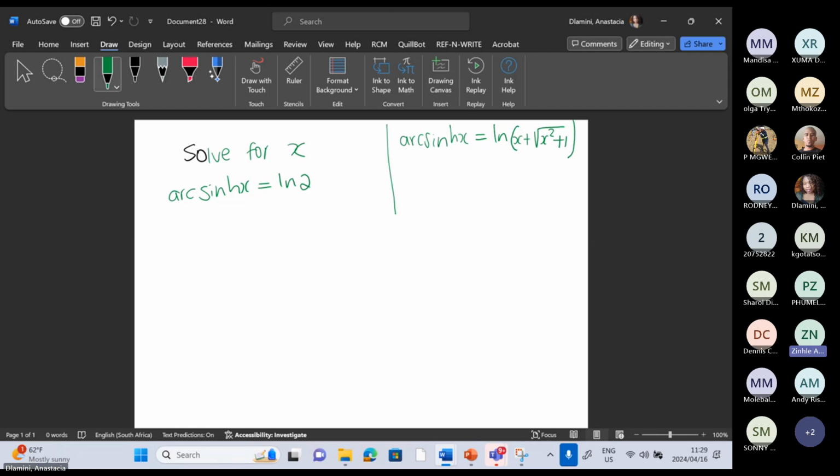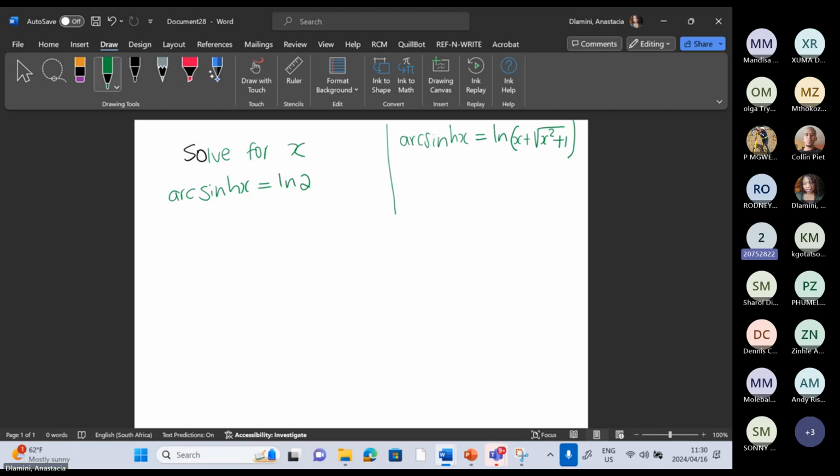I was saying, are we not using that because they said we must solve for x and we are not differentiating? Okay. And then chip in, please.